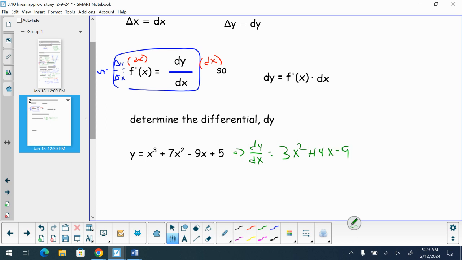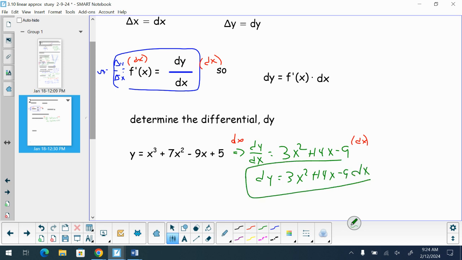So to calculate our differential, we can multiply both sides by our dx. So dy is equal to 3x squared plus 14x minus 9 dx.